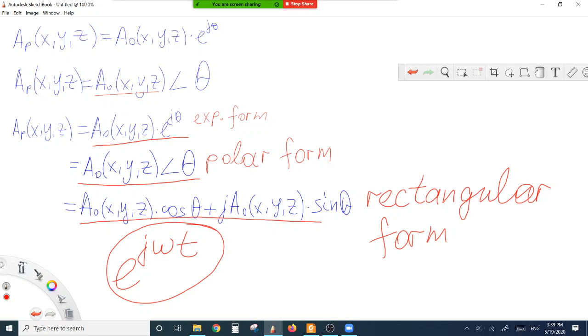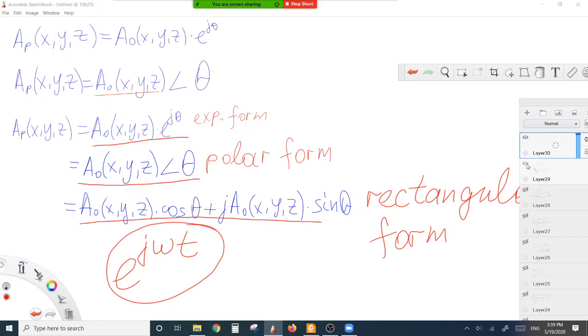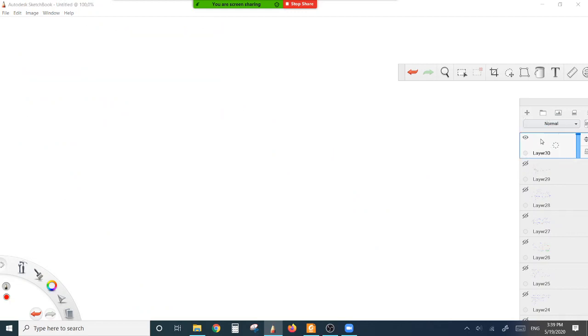Now let's see one example on how to represent the phasors of functions.